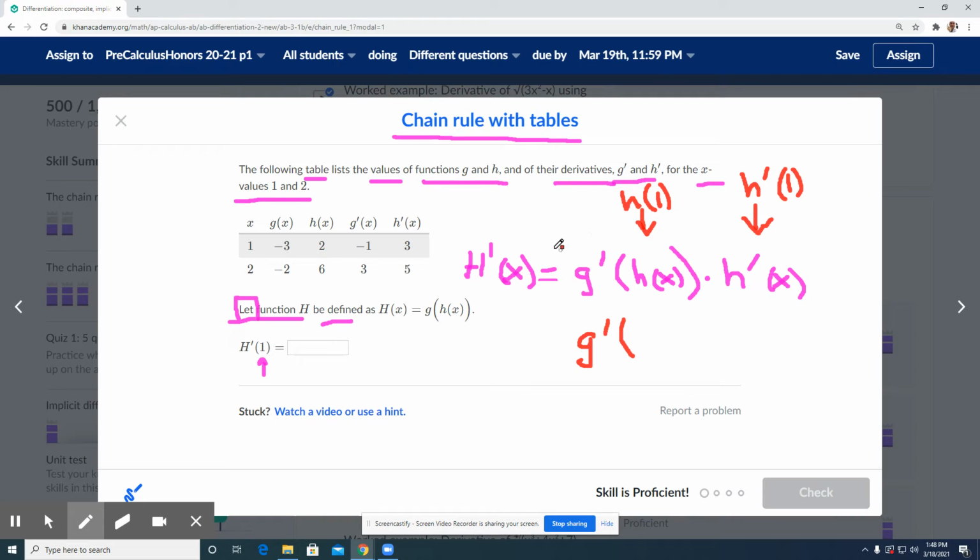So h of 1 is 2, times h prime of 1. h prime of 1 is 3. And then this is going to be equal to g prime of 2. g prime of 2 is 3. And then we still have that other 3 that just gets carried down. 3 times 3 is 9.